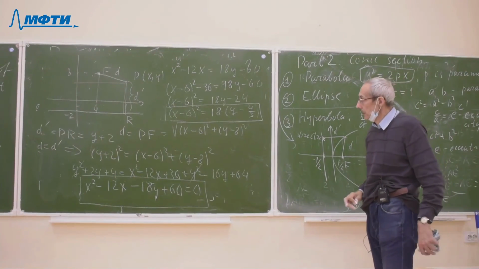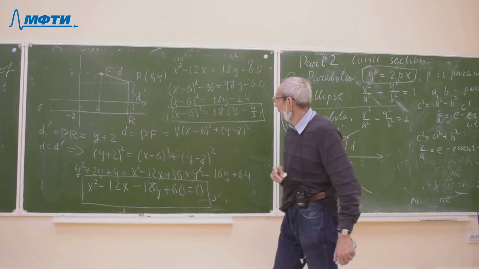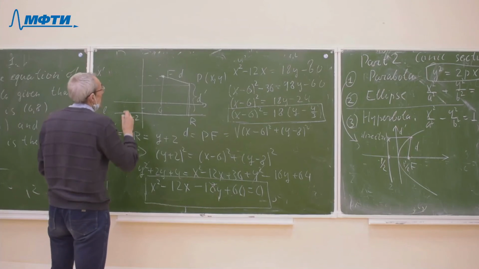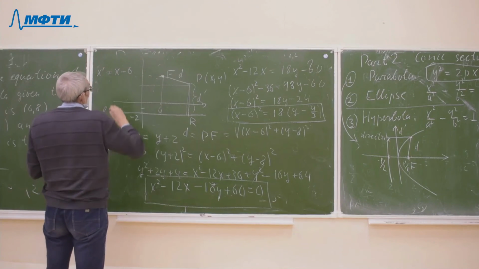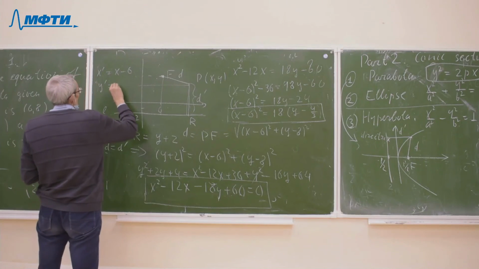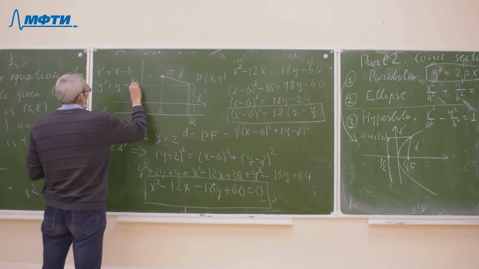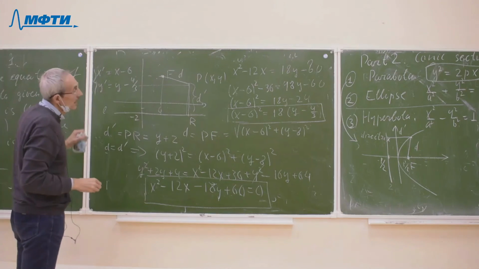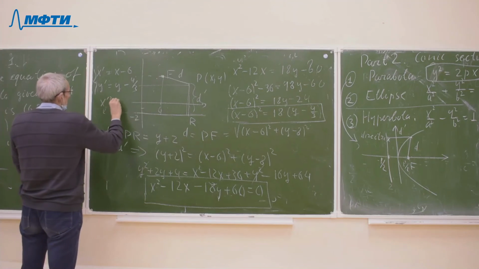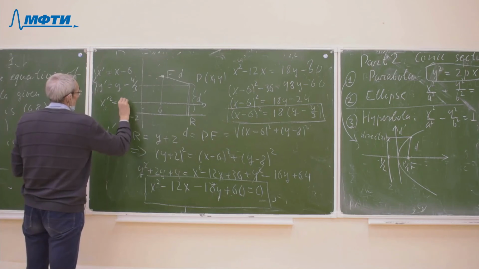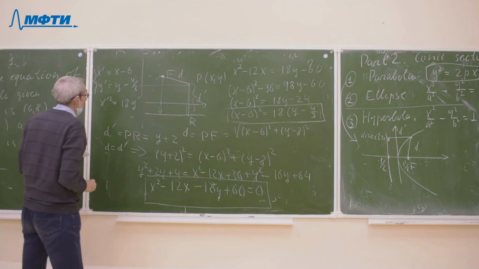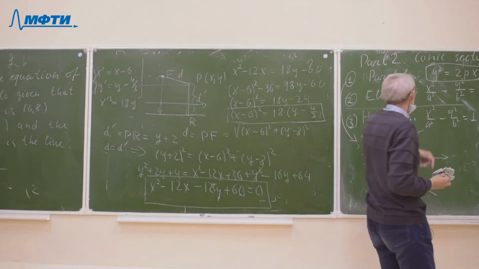If we define the new coordinate system, x prime is equal x minus 6, y prime is equal y minus 5, after this shift we obtain the new equation x prime square is equal 20 times y prime. It's very simple.